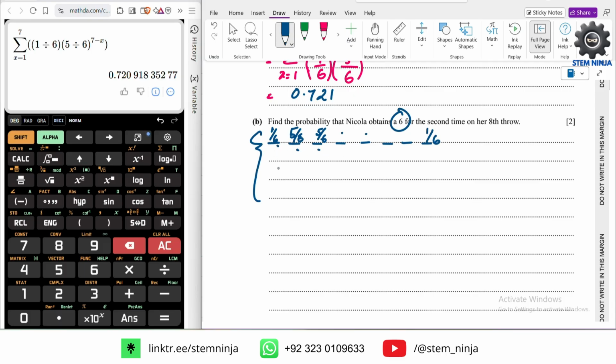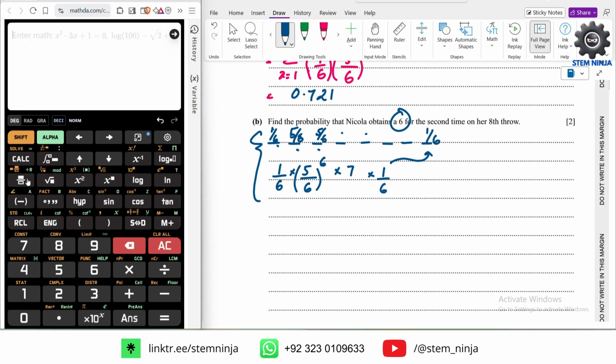So that means it's basically 1/6 times 5/6 raised to power 6, 7 identical times, and then times another 1/6 for the 8th throw.